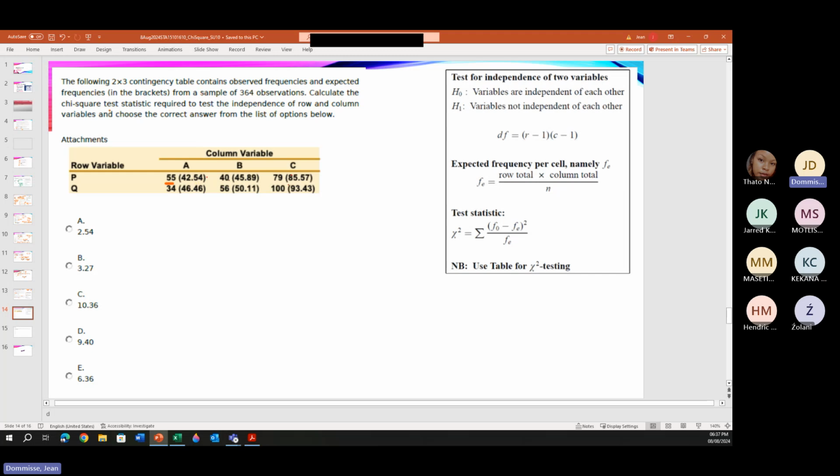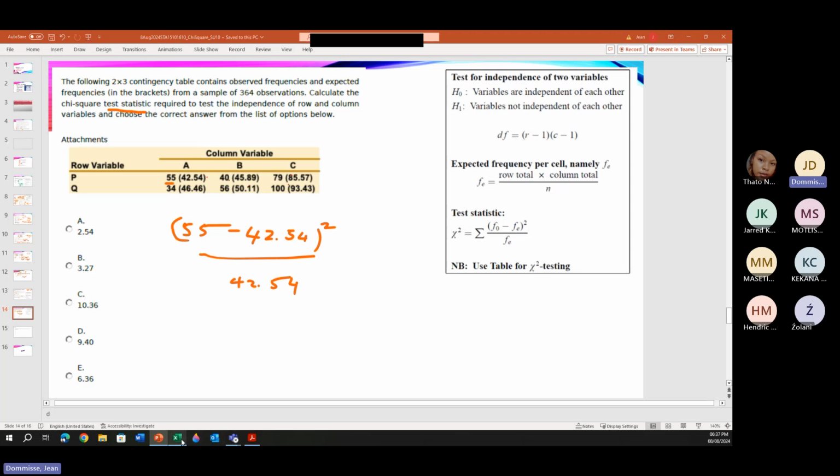Calculate the chi-square test statistic. So what we now need to do in this one is say 55 minus 42.54, that to the power of 2, divided by 42.54.